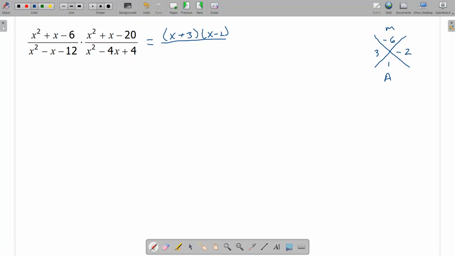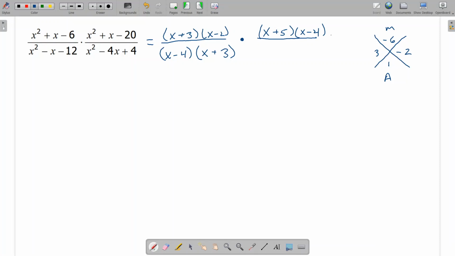So that would be a -4 and a +3. And now we can move on to the other rational expression here. Okay, in the numerator, we need two numbers that multiply to -20 and add to +1. So that would be a +5 and a -4.